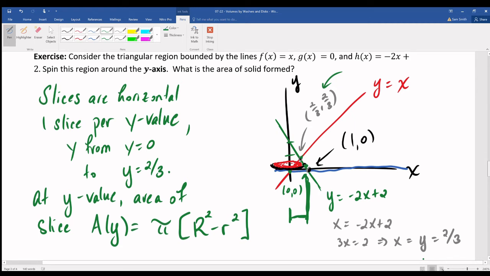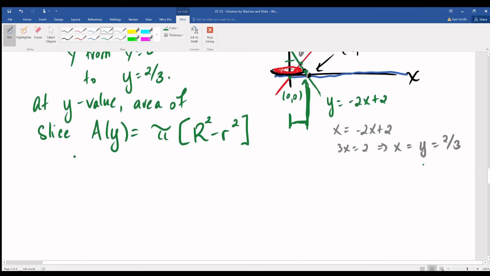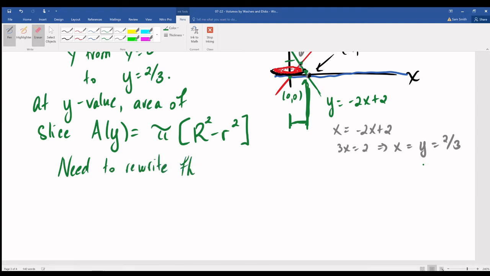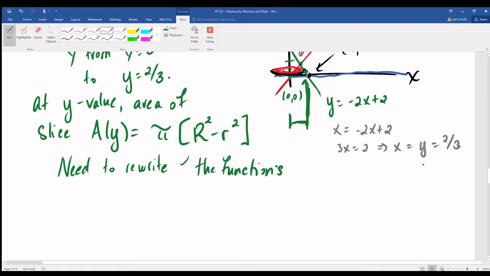So what I will need to do is rewrite the functions, which are currently in the form y is a function of x. I need to rewrite them so that I know what the x value is.